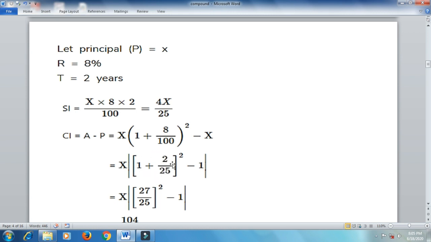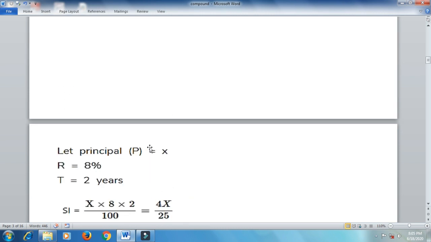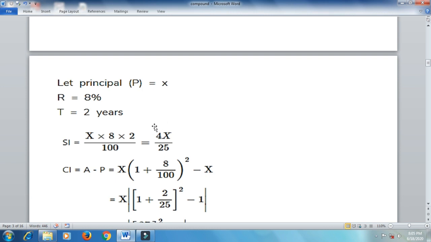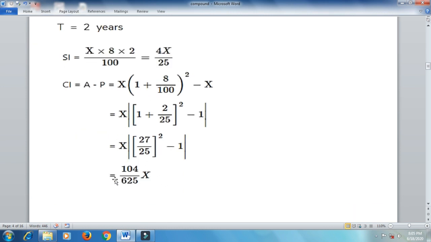Hence, by taking 1 plus 2 by 25, it results as 27 by 25 whole square. After calculating 27 by 25 whole square, take LCM, do a subtraction with minus 1. It results as 104 by 625 into X. So, simple interest, what we have calculated is 4x by 25 and the compound interest is 104 by 625x.